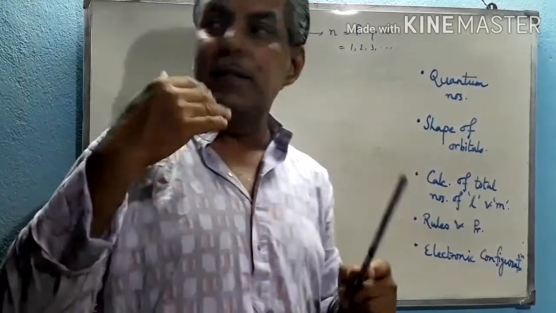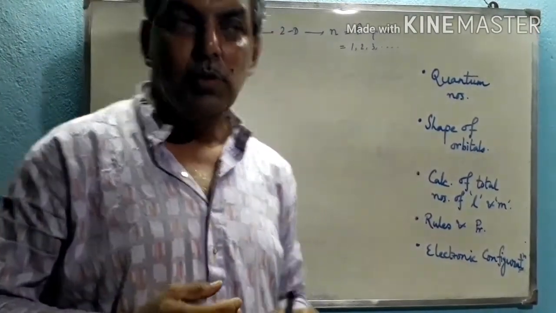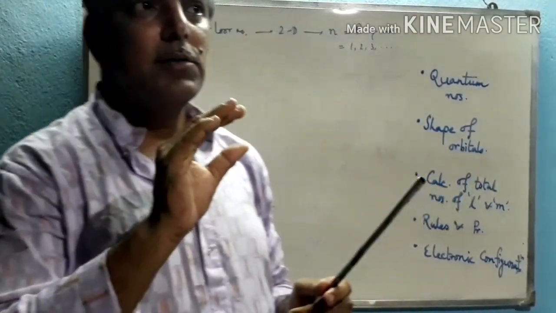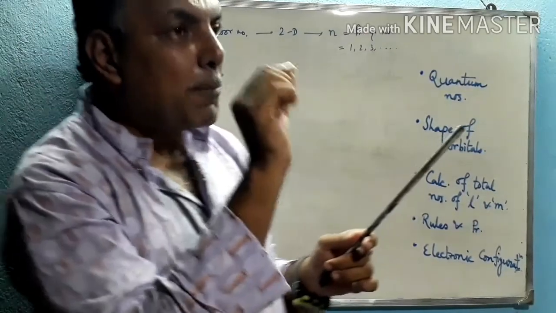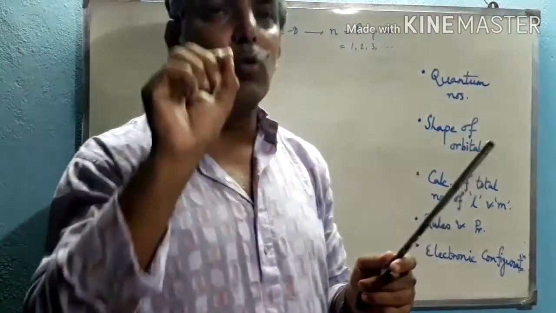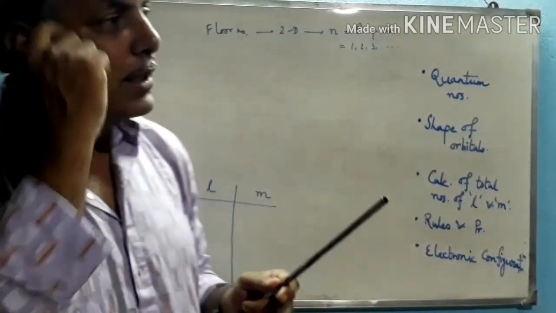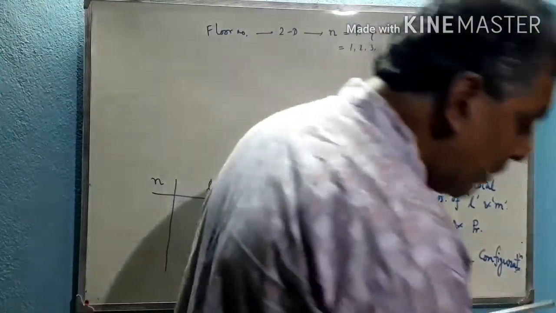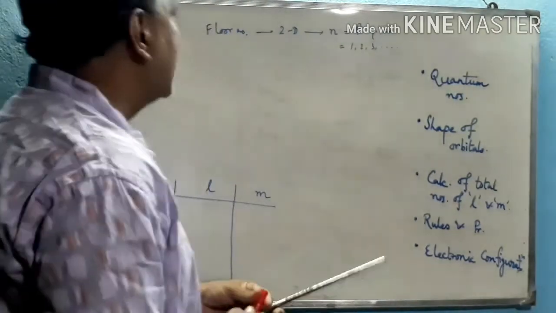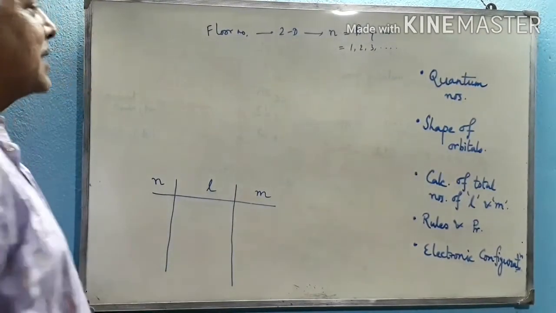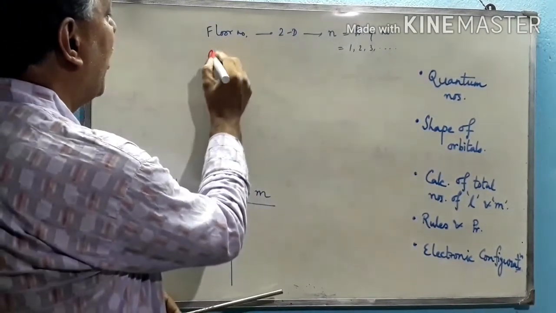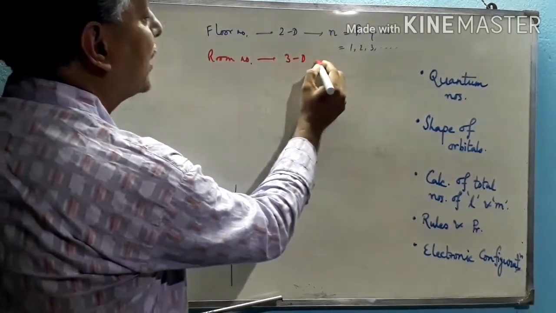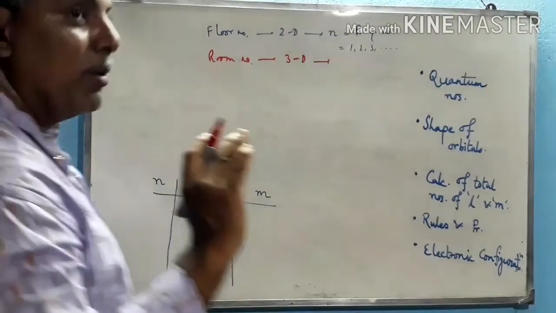Now after reaching the particular floor, you have to find out the flat number. Suppose 201, 202, 304, and so on. These are the flat numbers. The flat number means the room number, and that room number is nothing but the three-dimensional part, because it is a room, not only a floor.